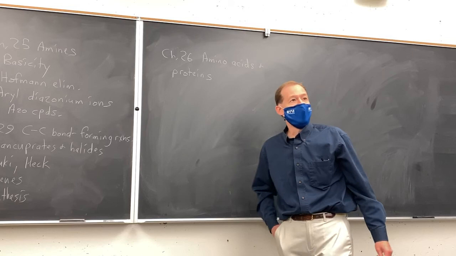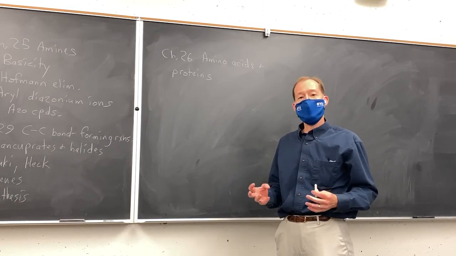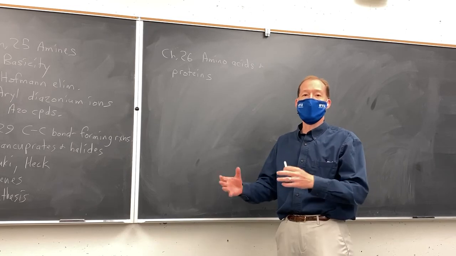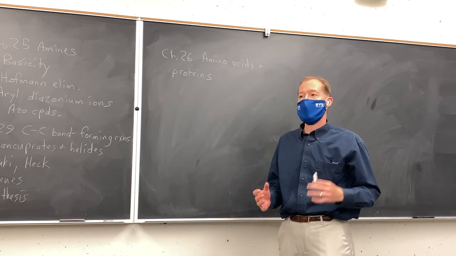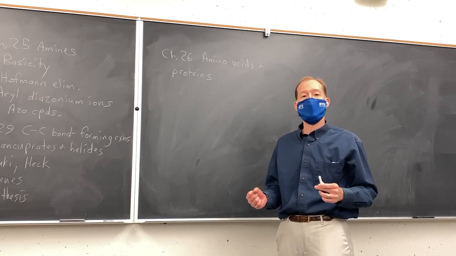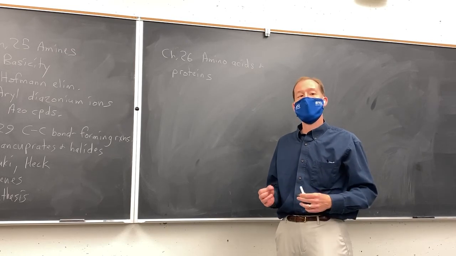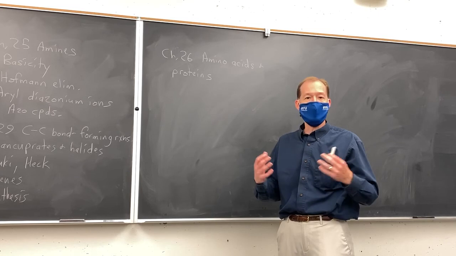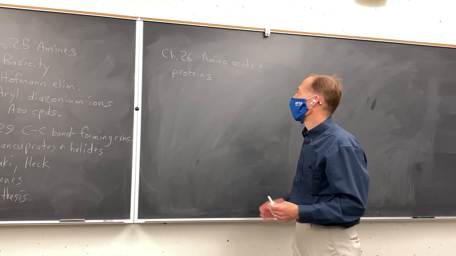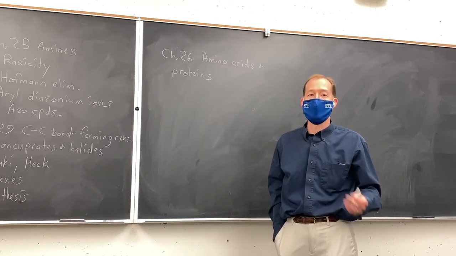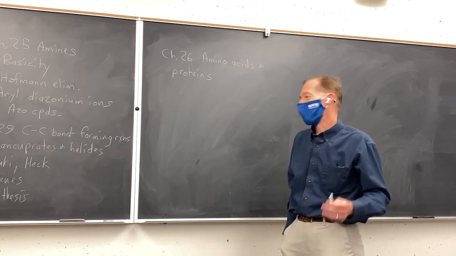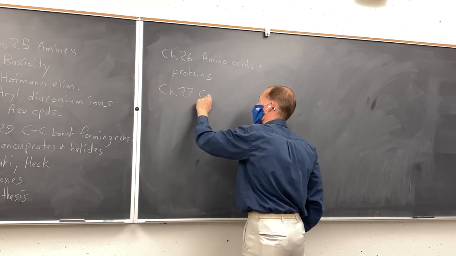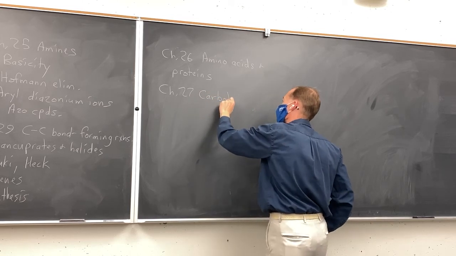Generally speaking, in regards to amino acids and proteins, it focuses more on the amino acids, the acid-base properties of the amino acids, the isoelectric point, those sorts of things. Maybe a little bit on secondary structure, but more focused on the amino acids. Usually not terribly difficult.